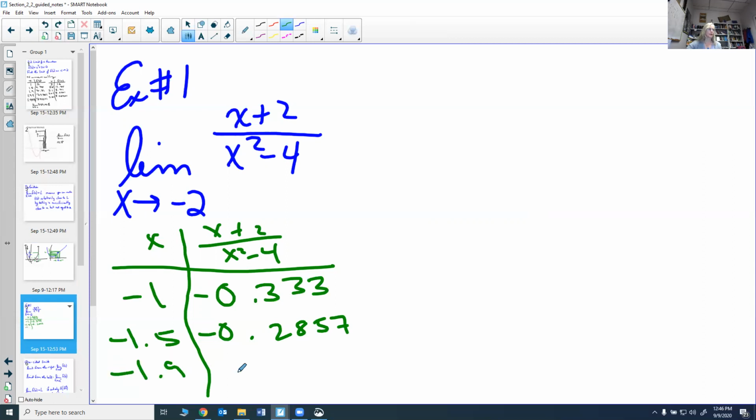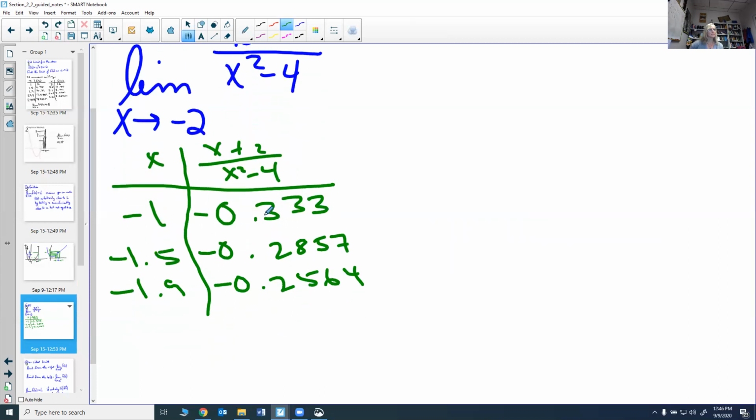So we're going to go -1.9. I get -0.2564. And now I'm noticing, looking for trends is what you're doing here. You're trying to see, is there a trend of these values? So I'm noticing the first decimal place seems to be fairly close to being consistent, but I still don't really know what it's doing. So let's get a little bit closer.